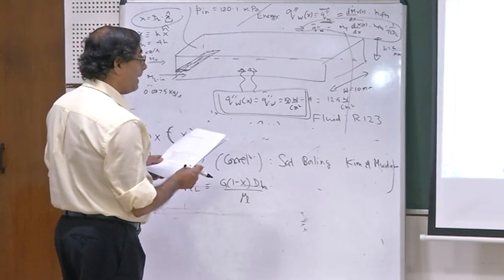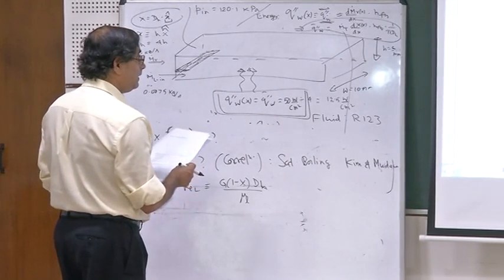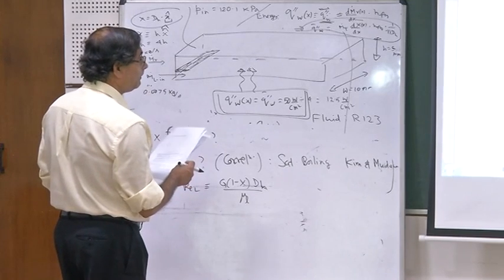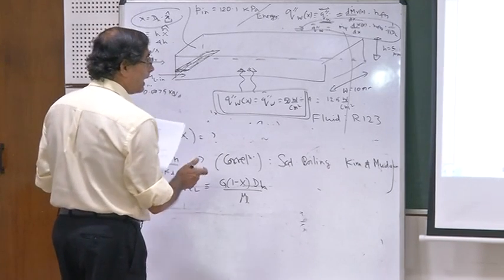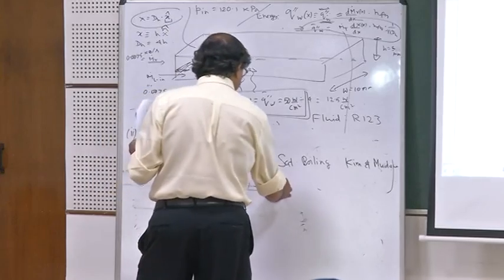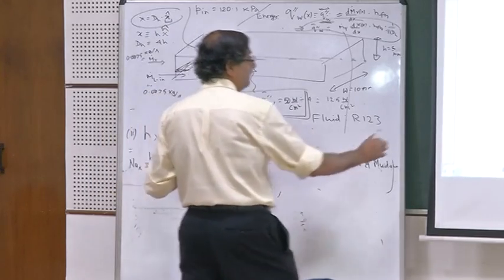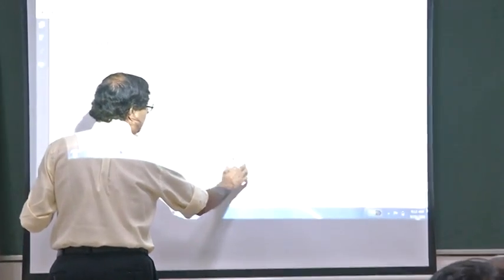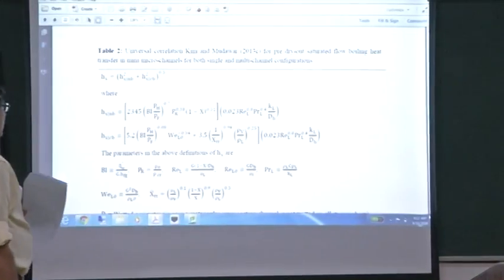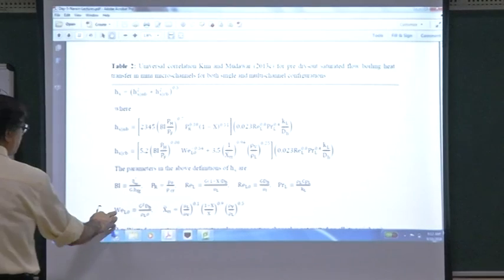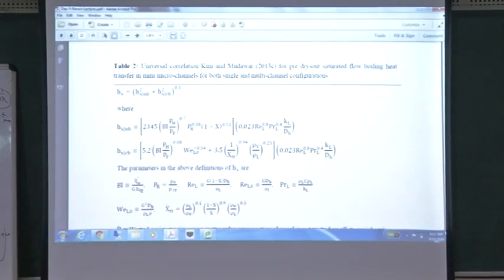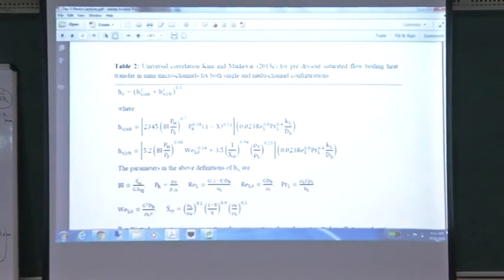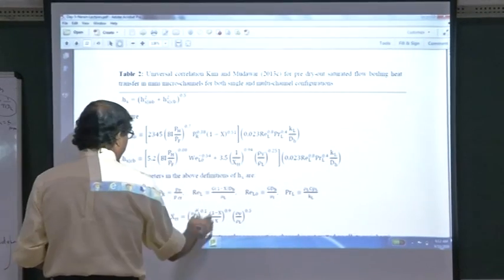The parameter that you need here is reduced pressure PR and Prandtl number. All these numbers are defined: boiling number, Prandtl number, Re liquid only, and Prandtl liquid. All these formulas are defined. This surface tension parameter, Weber number, is defined, and this X tilde tt is defined.